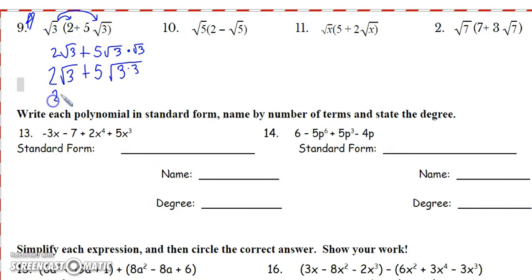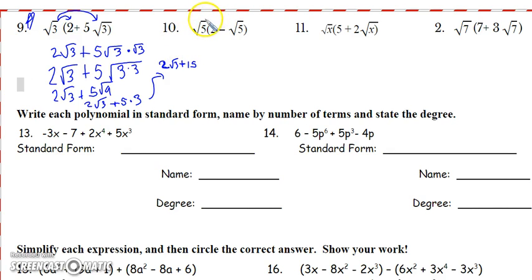So you get 2 root 3 plus 5 square root of 9, keep the multiplication, times 3. Square root of 9 becomes 3. So then your final answer would be 2 root 3 plus 5 times 3, which is 15. That's all you got to do. So remember, the key here is that the numbers under the radical multiply together.